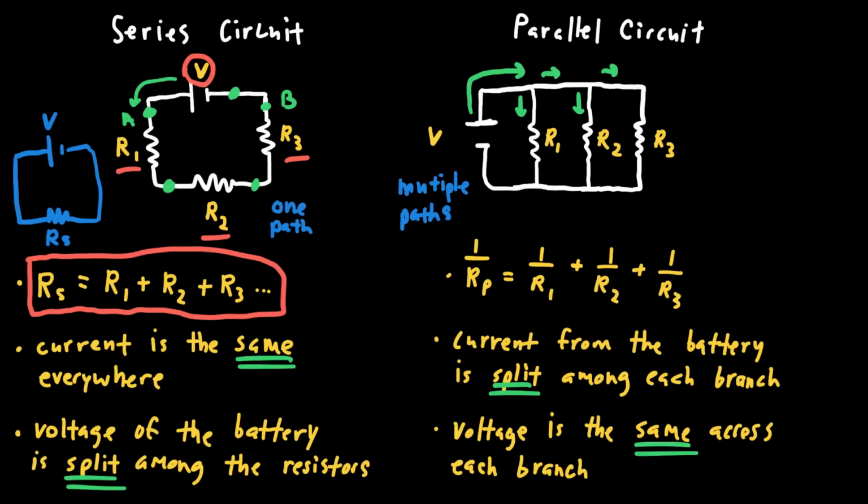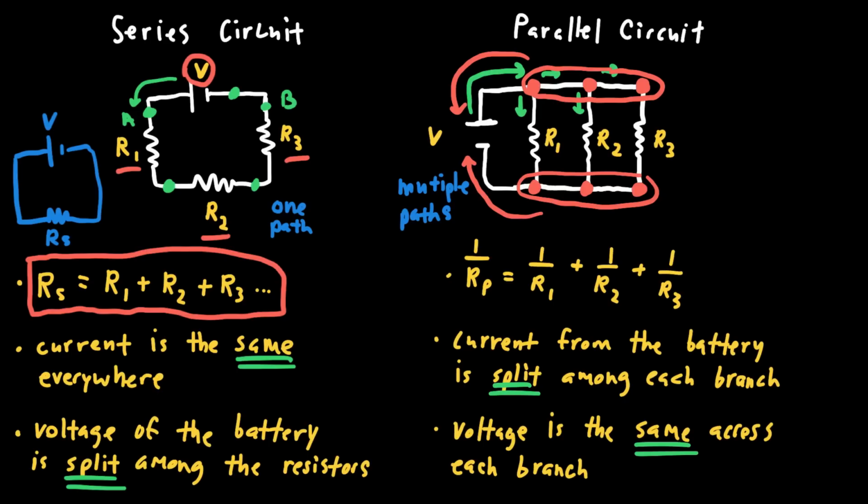And we have to remember that this point that I'm drawing, this point, and this point, because there is no circuit element between those 3 points, those 3 points are equivalent in this circuit. And the same is true at the bottom. So these 3 points are equivalent, and these 3 points are equivalent in this circuit. And what I notice about those points is they're directly connected to the 2 terminals of the battery. There's nothing between those points and the battery.